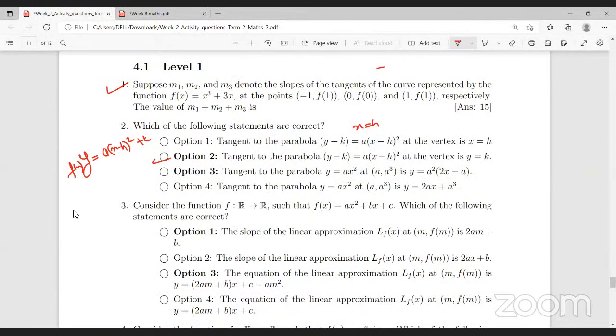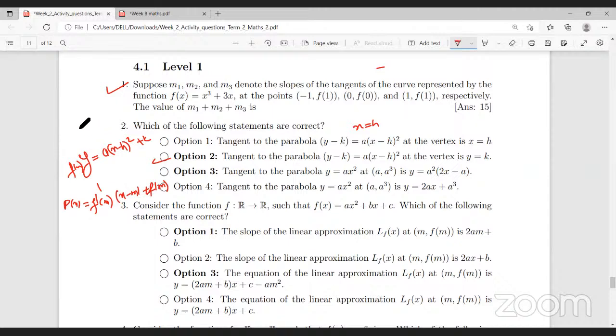My tangent equation will be p of x equals f dash of m times (x minus m) plus f of m, where m is h. So just differentiate this function.